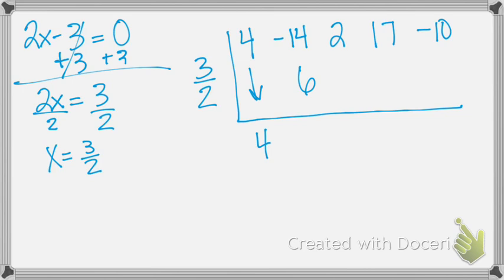Negative 14 plus 6 is a negative 8. And then we just keep going. So negative 8 times 3/2 is a negative 12. So now we say 2 minus 12, negative 10 times 3/2 is negative 15. Which is a 2.